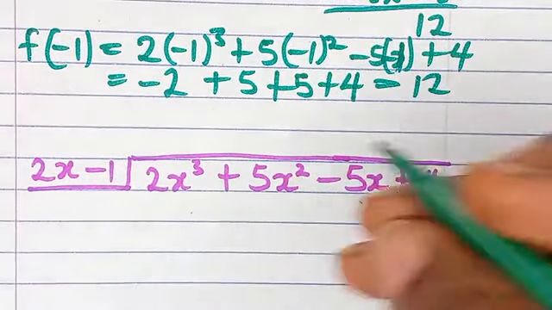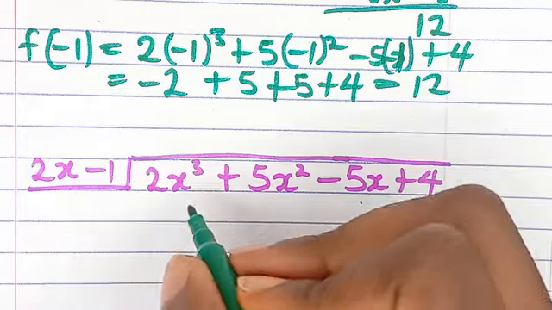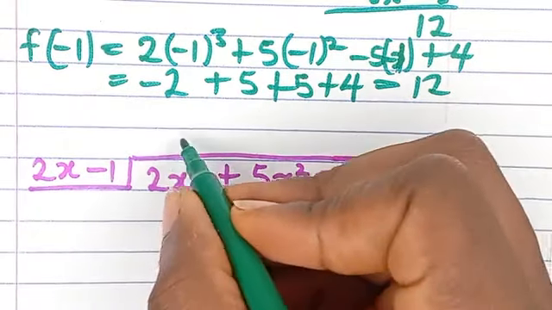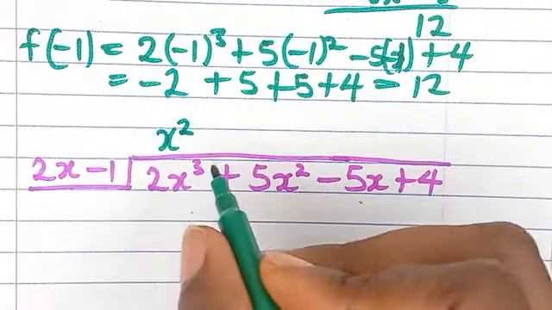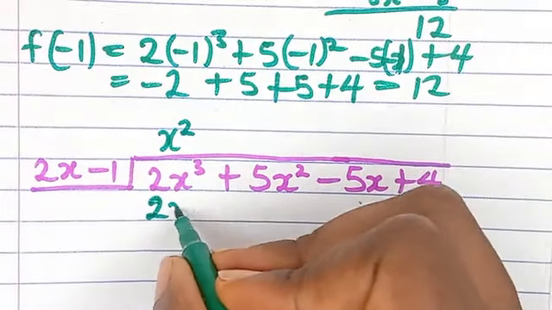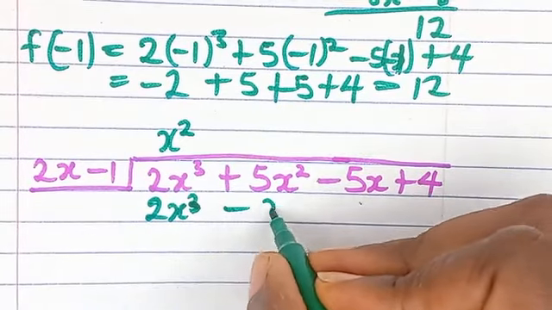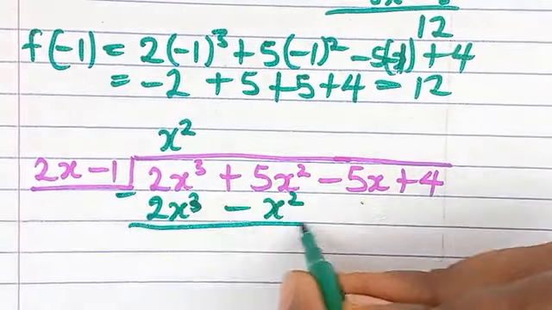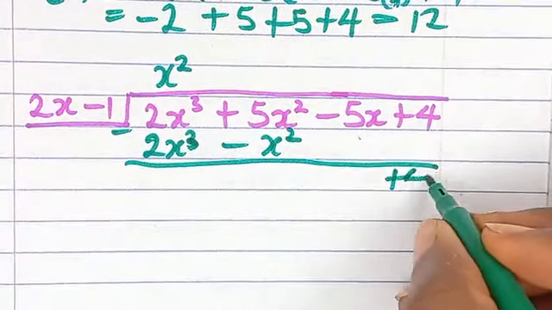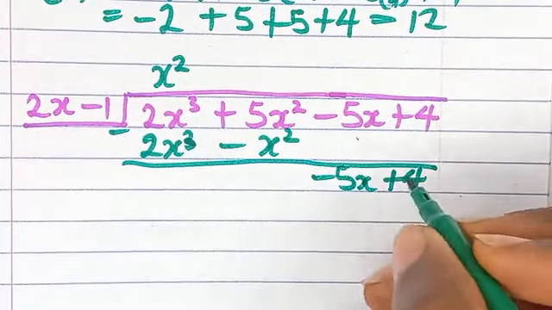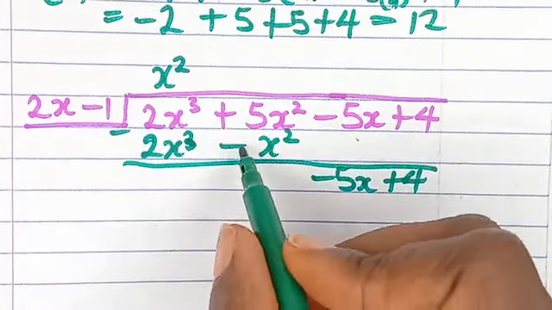with this. So here we are having this. 2x into 2x raised to power 3 is x raised to power 2. x squared times 2x is 2x raised to power 3. And then minus x squared, we subtract. When we subtract, we are going to have plus 4 brought down, negative 5x brought down, and then plus 5 minus x squared.